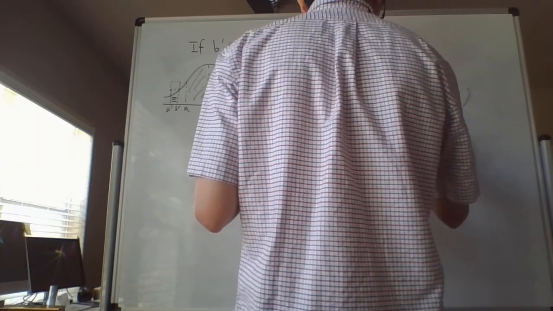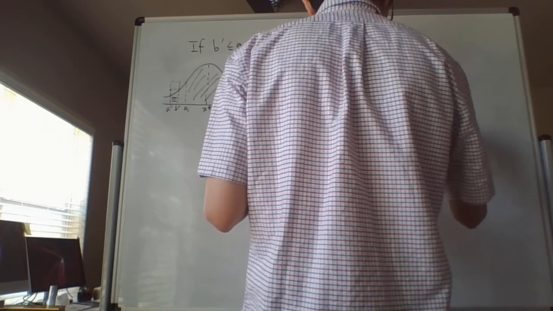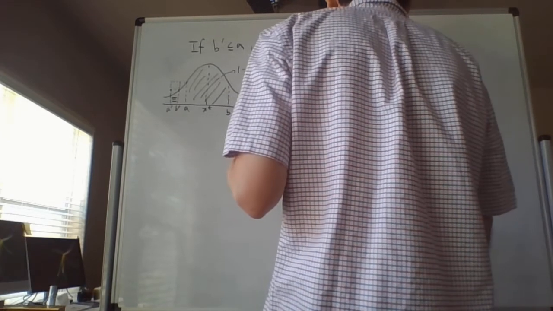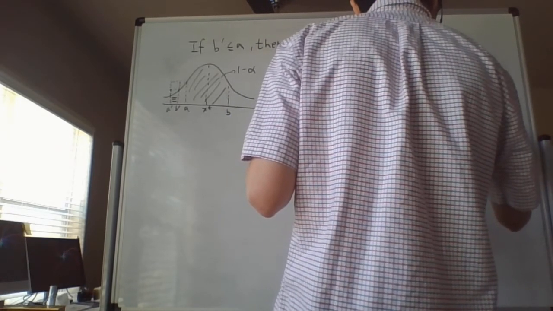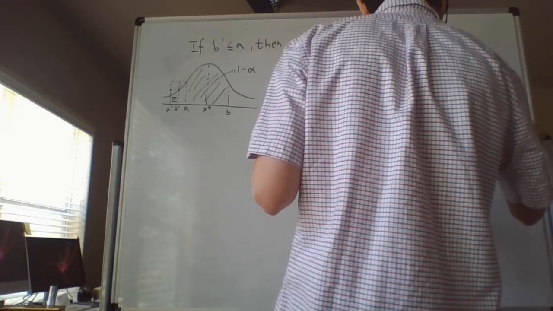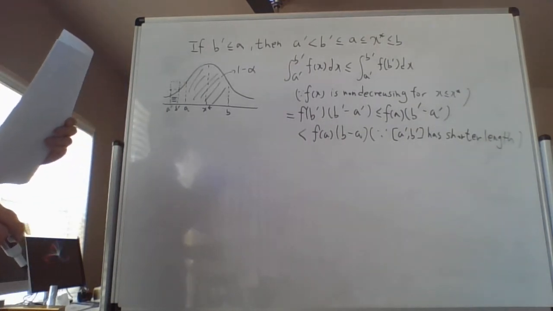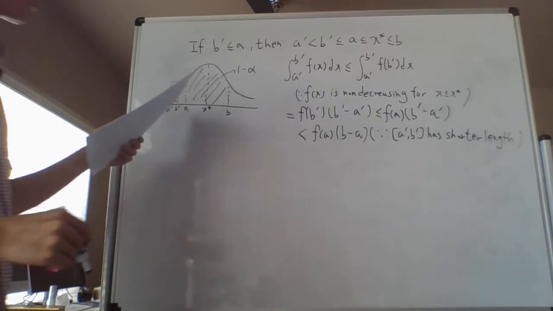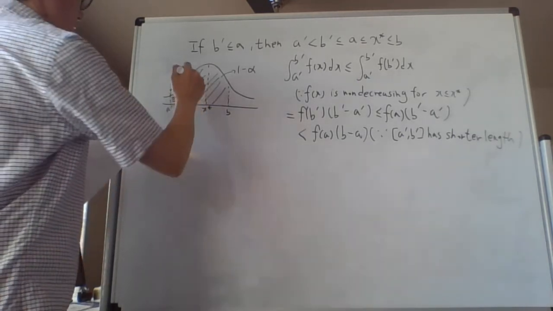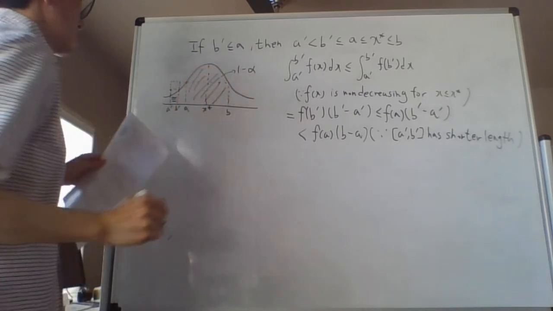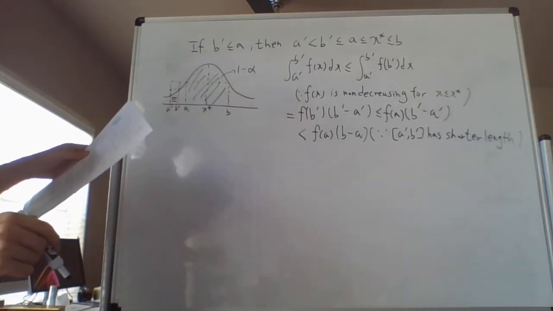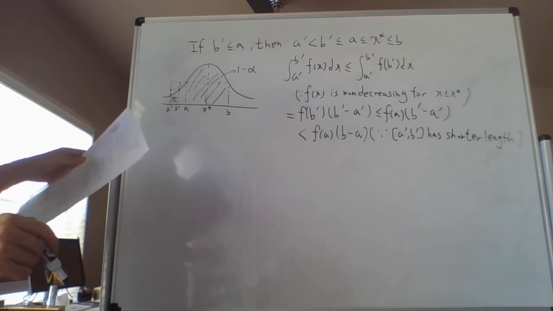And then that's less than f(a) times (b minus a), because a prime and b prime has a shorter length than AB, so you can clearly see that the rectangle based on A and B is clearly greater than the rectangle based on A prime and B prime.